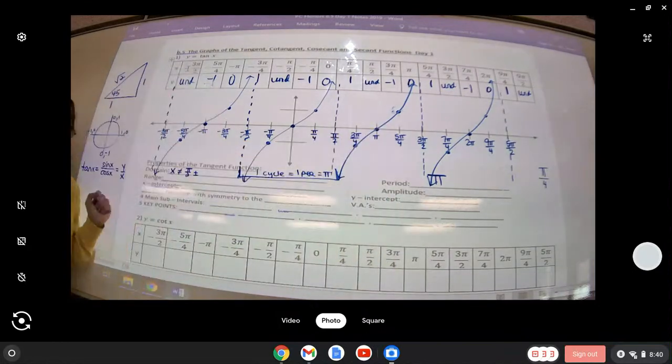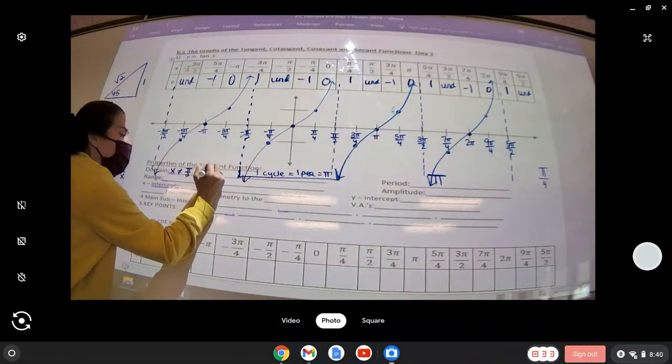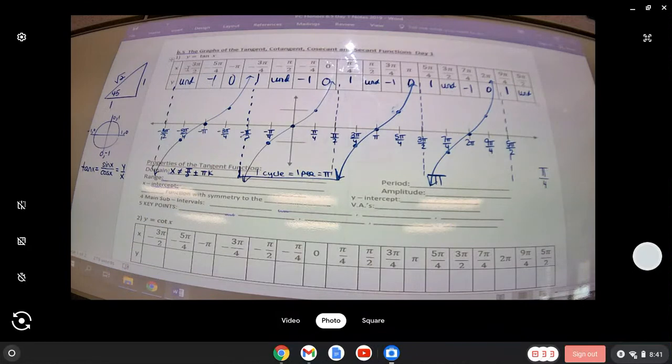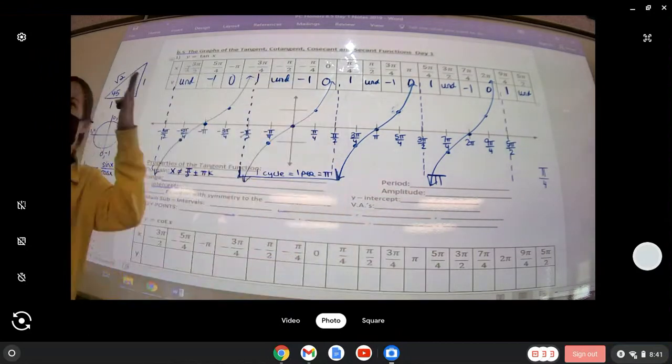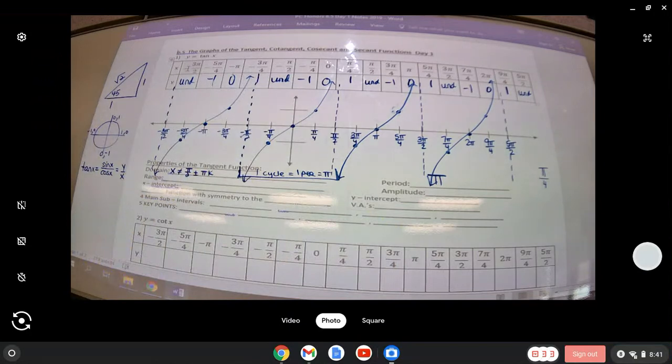Every pi radians creates another bad angle. So times pi k. X cannot be those. They are not in its domain. If you get there, they create an asymptote. All right, I already told you the period is pi radians. It only takes pi inputs to create one period or one cycle of the tangent function.